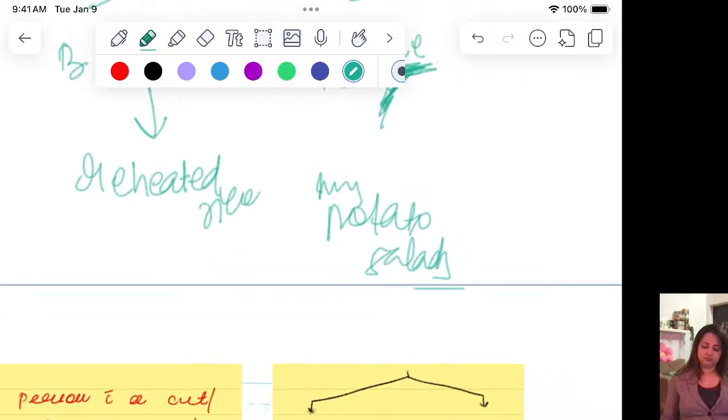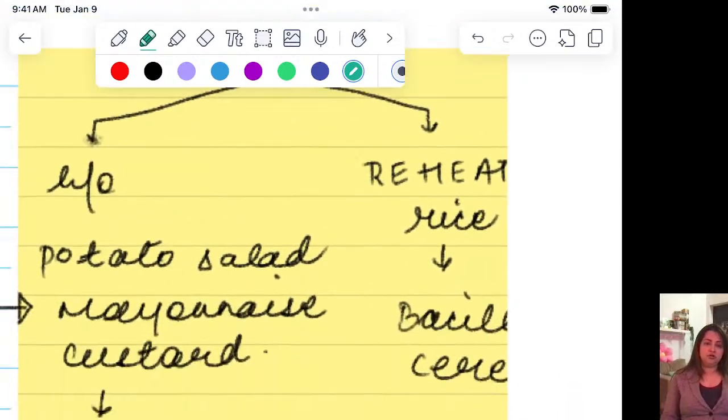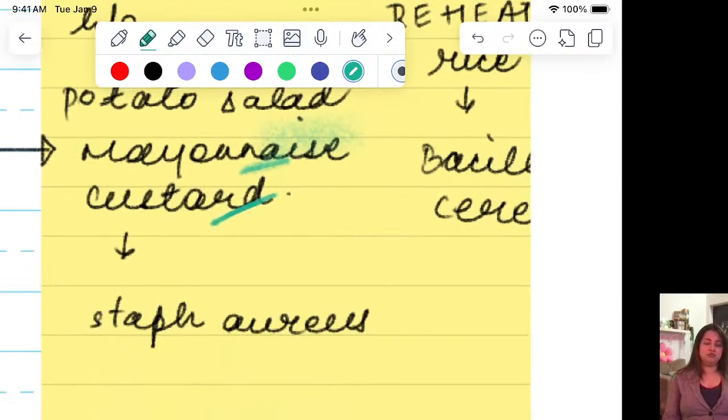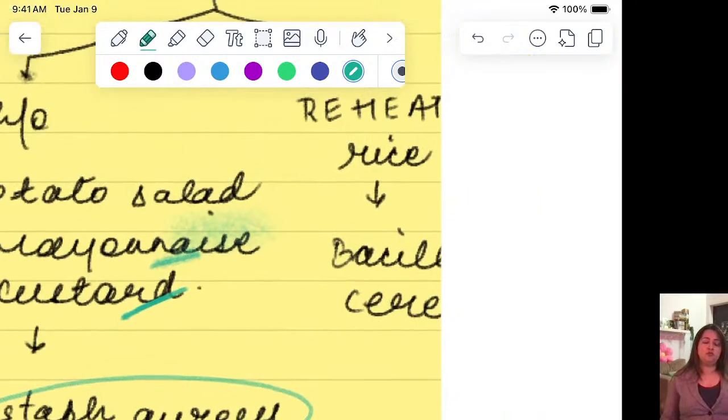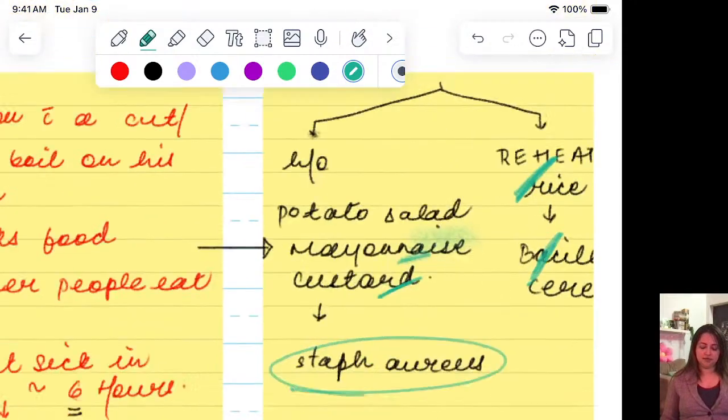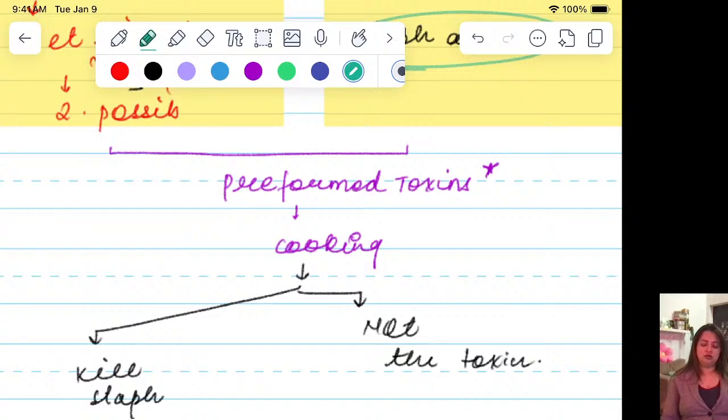So look here. When you talk about a history of potato salad, mayonnaise, custard ingestion, and symptoms within 6 hours, this is going to be a case of Staph aureus food poisoning or foodborne illness. When someone is eating reheated rice, it is due to Bacillus cereus, okay? And this is taking place due to the preformed toxins, okay?